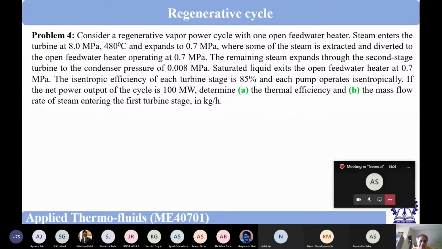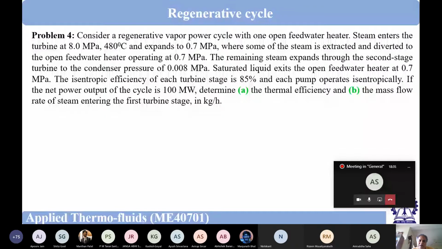Steam enters the turbine at 8 megapascal, 480 degrees Celsius, and expands to 0.5 megapascal, where some of the steam is extracted and diverted to the open feed water heater operating at 0.7 megapascal. The remaining steam expands through the second stage turbine to the condenser pressure of 0.008 megapascal.